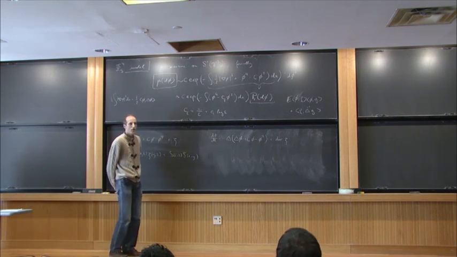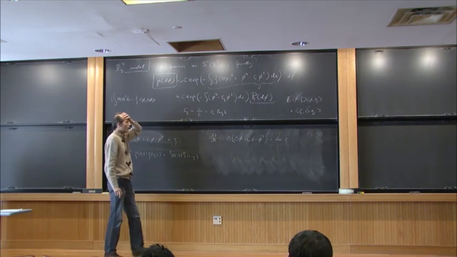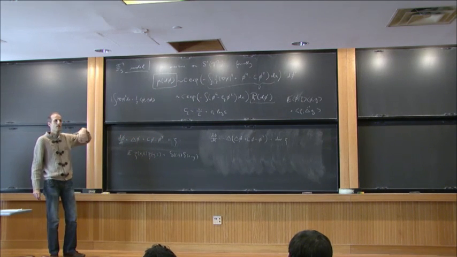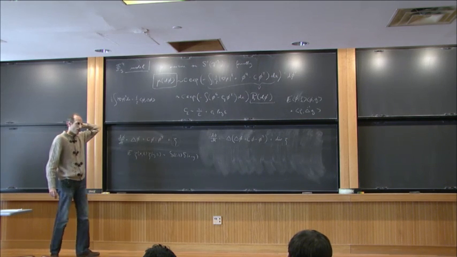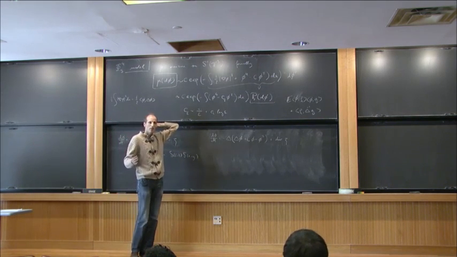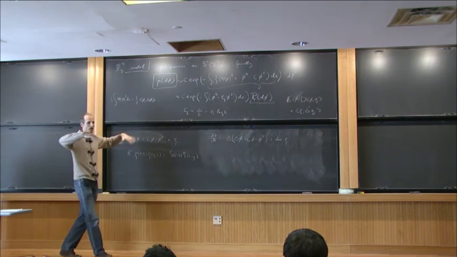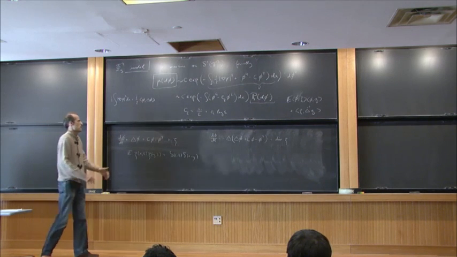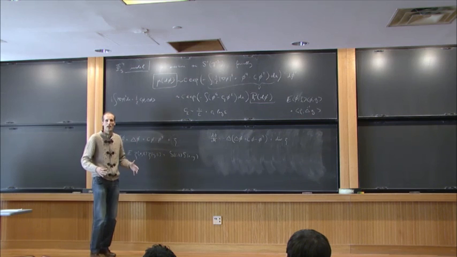is that you would also expect this measure to describe the behavior of Ising-type models near the critical temperature. If you have a model like an Ising model, this would describe the fluctuations of the magnetic field near the critical temperature. Now, in an Ising model, naturally, space is really space.